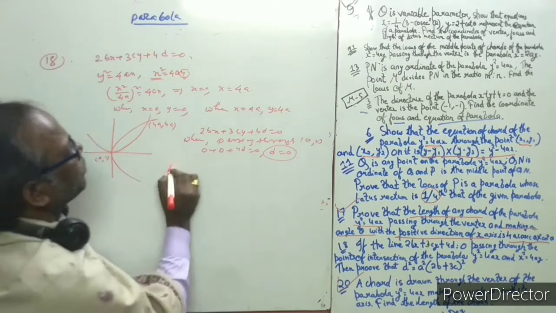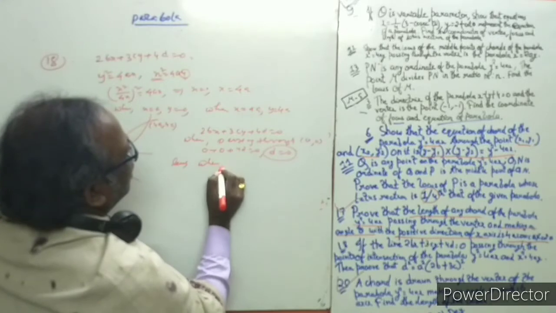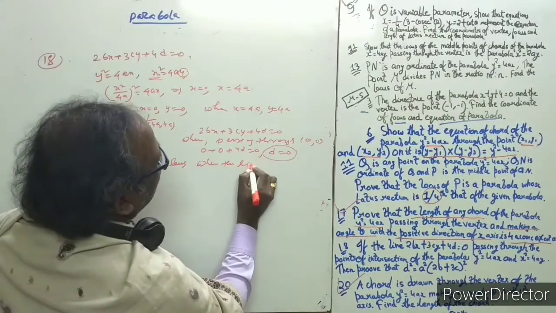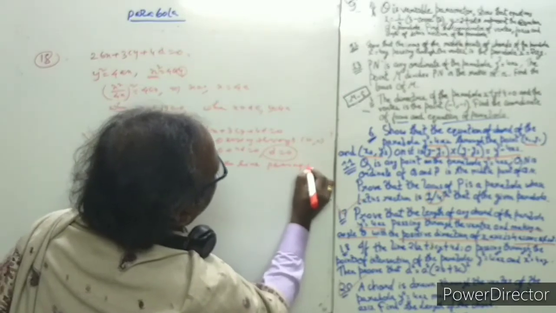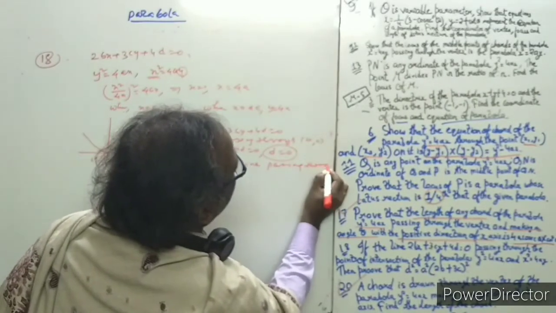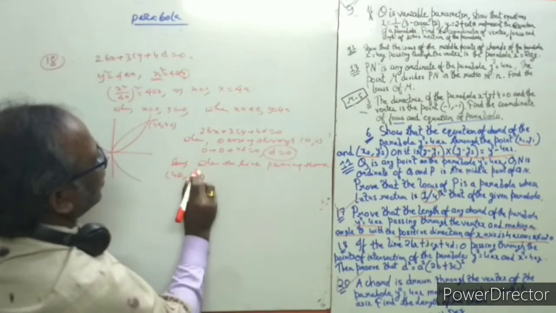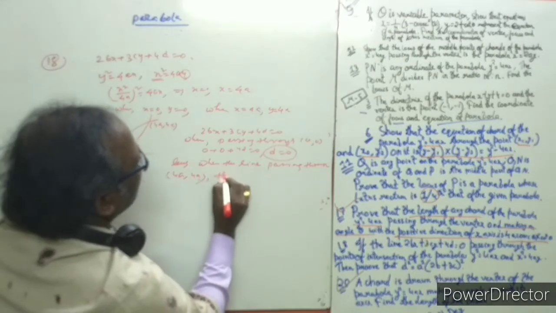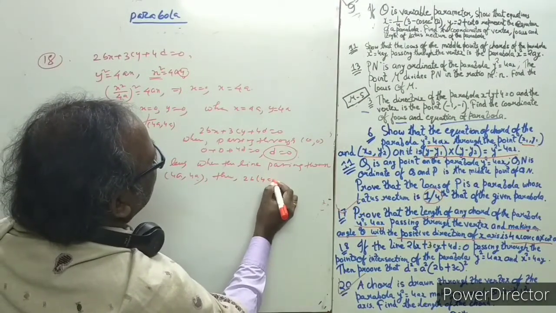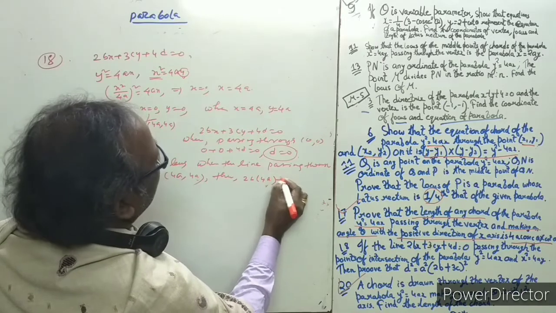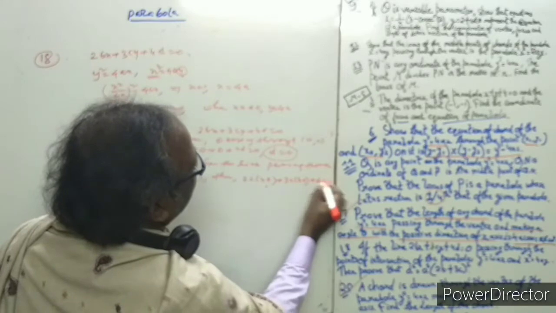But when the line is passing through the point 4a, 4a, then that will be 2b into 4a plus 3c into 4a plus 4d equal to 0.